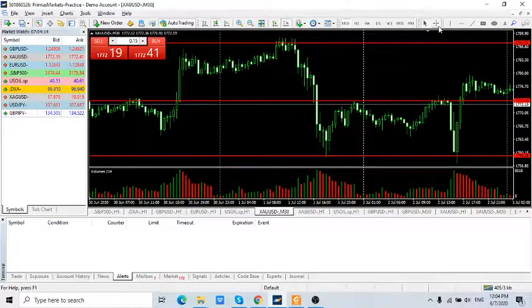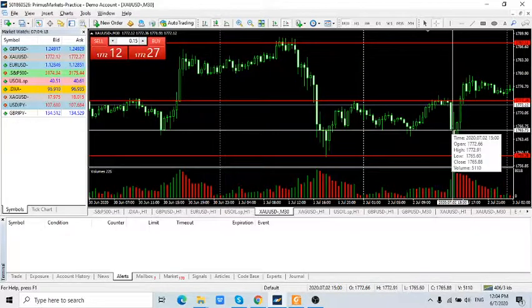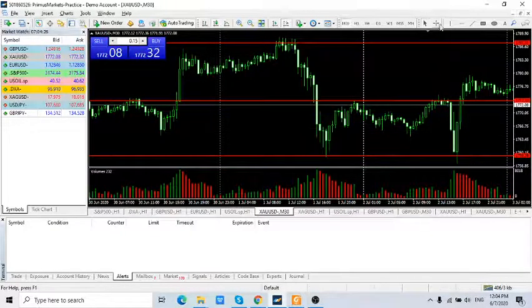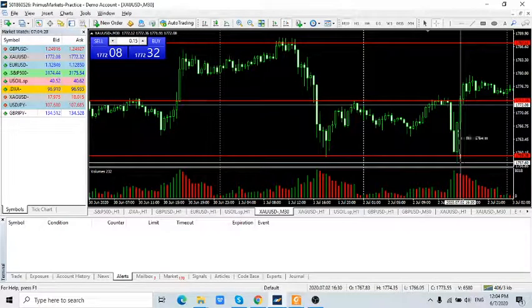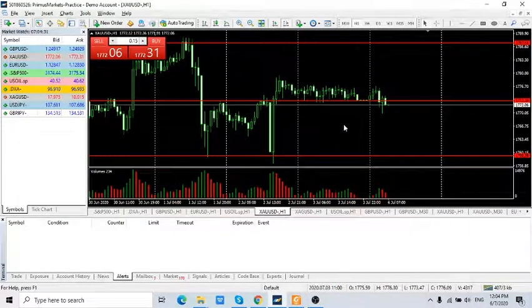Once the report was announced at 8:30 p.m., it moved up about $4, and then touched a low of 1757 before gradually moving back up again. So these were the movements of gold.